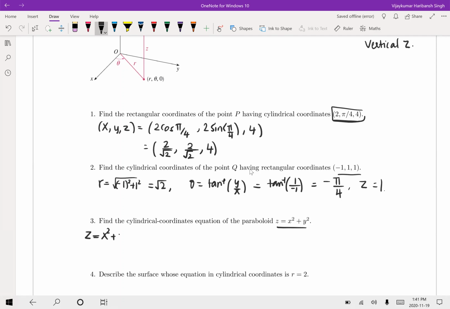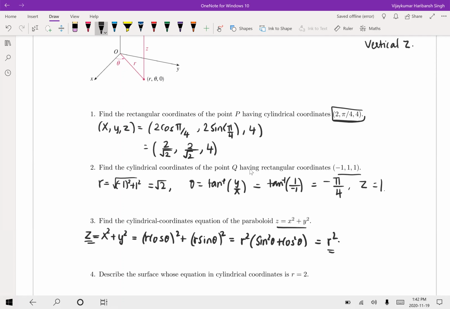If you put r cos theta squared plus r sin theta squared, take r squared common, you're left with r squared times sin squared theta plus cos squared theta, which is r squared. So paraboloids are simple. You get z equals r squared.